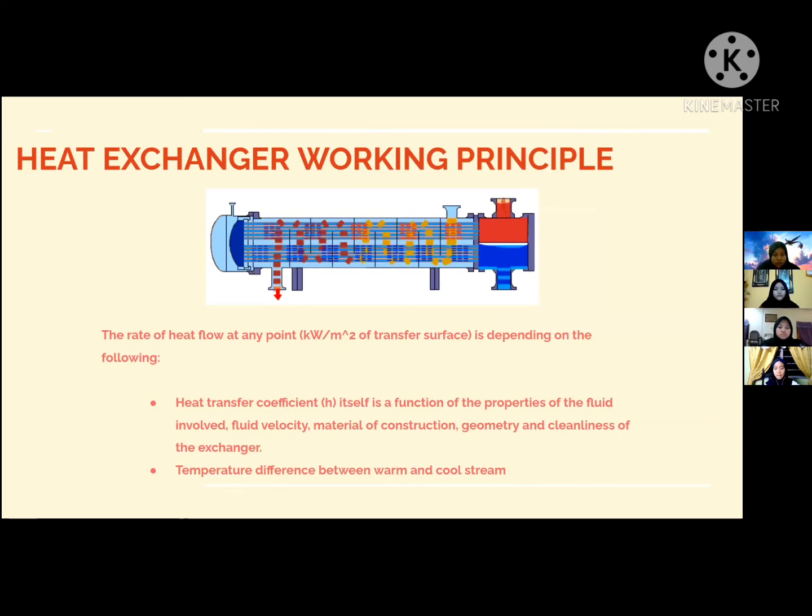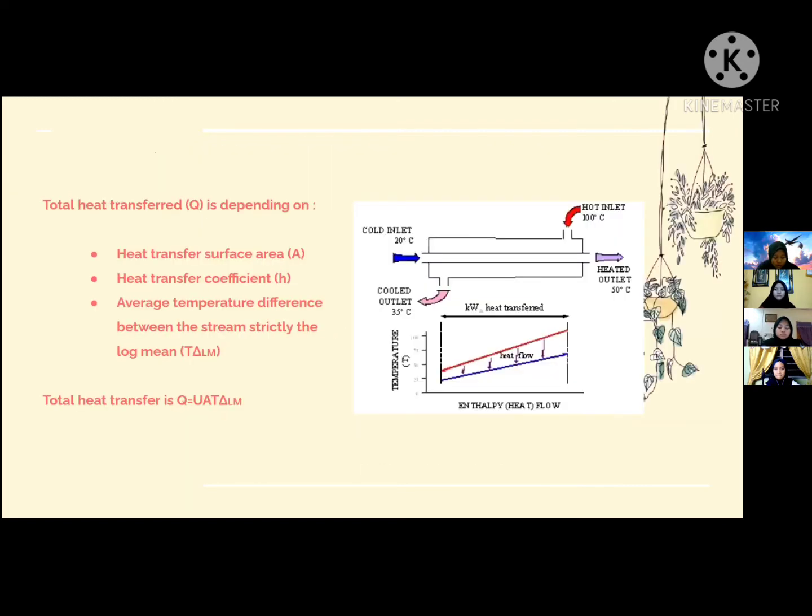So generally we know that heat naturally flows from higher temperature to lower temperature. So this is how the heat exchanger works, to exchange the hot temperature into cooler temperature. And warm fluid will flow to the cool fluid by conductivity.